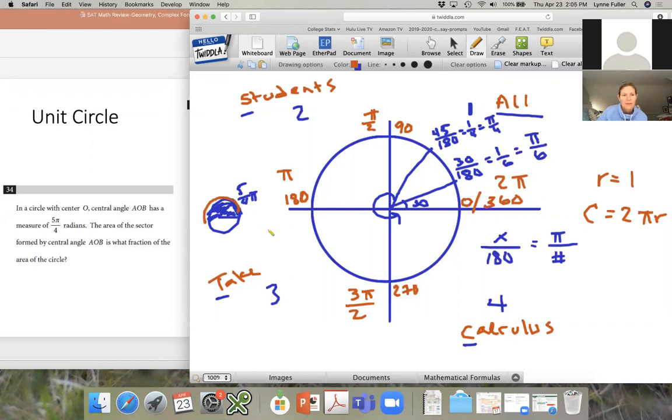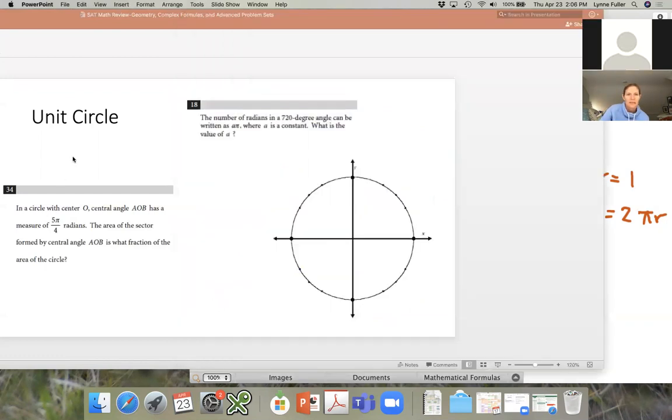And they want to know what's the fraction of the whole area of the circle. Well, the whole area or radians of the circle is 2 pi. So 5/4 pi out of 2 pi is the same thing as 5/4 pi times 1/2. So that would just be 5/8 of the whole circle. So that's what that looks like.